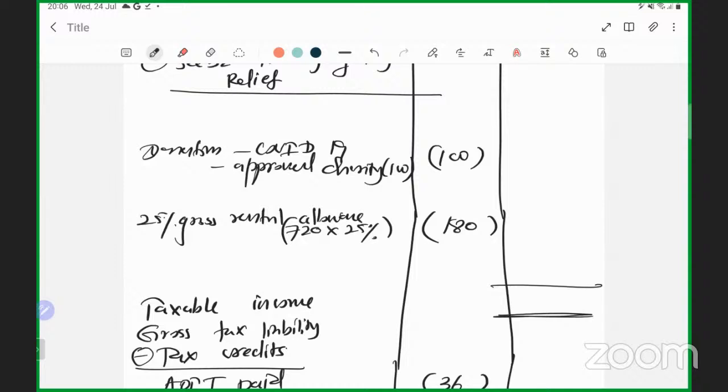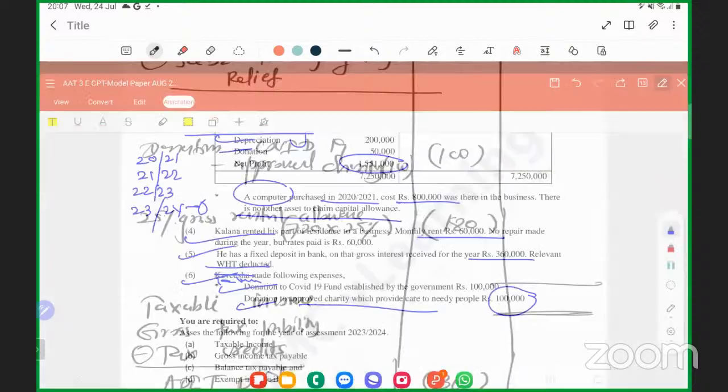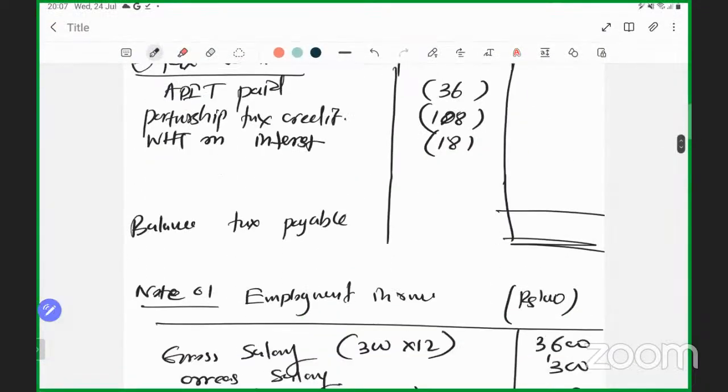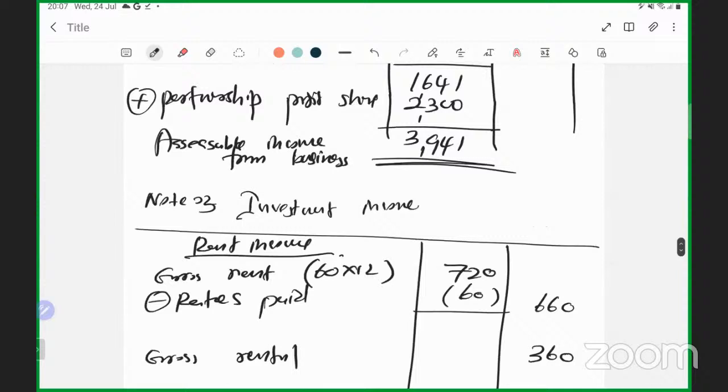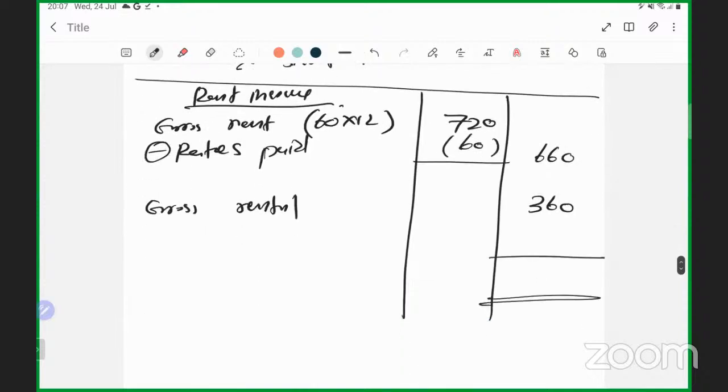but still we can't calculate the taxable income. Once we calculate the taxable income, we can take 1/3 of that and compare it with the 75,000. Whatever the amount is lower, you can deduct that as an approved charity donation. So that's all the information given in the question. Therefore, we can take the summary of that investment income.